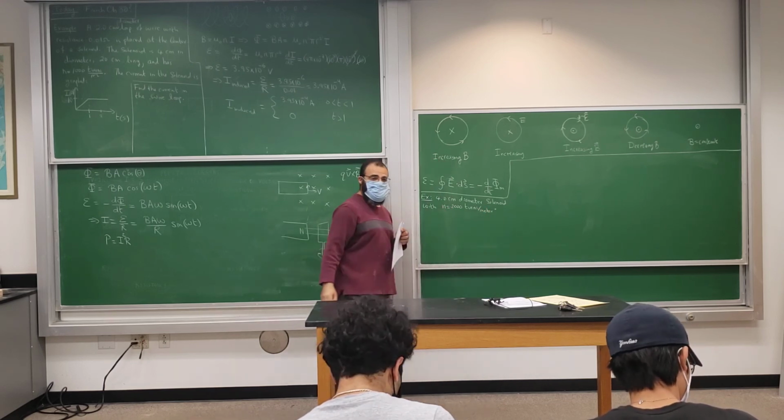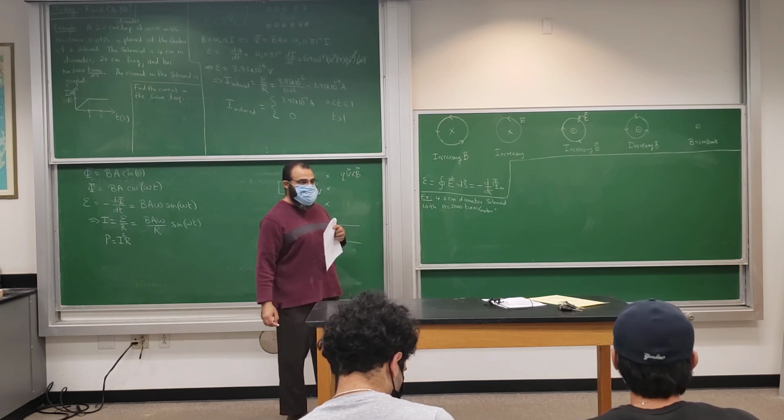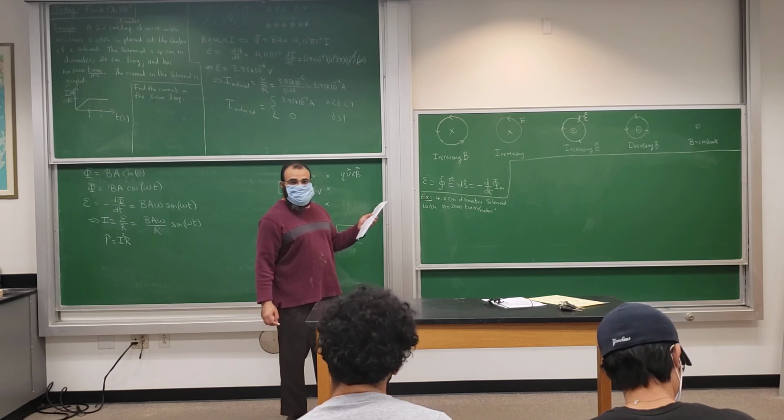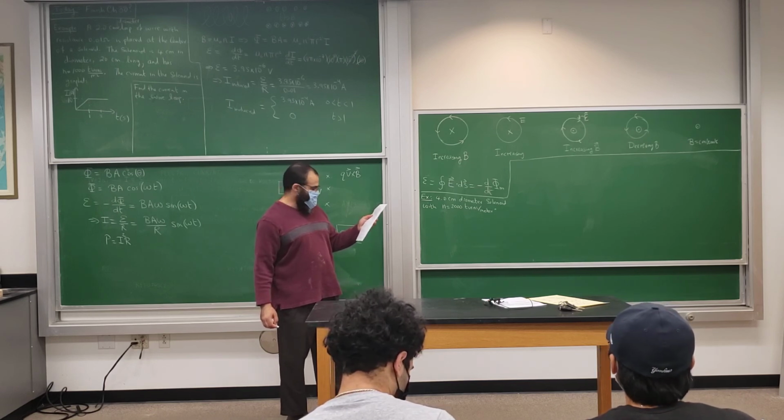That's the solenoid. If the diameter is 4 centimeters, obviously the radius of this solenoid is 2 centimeters, right?